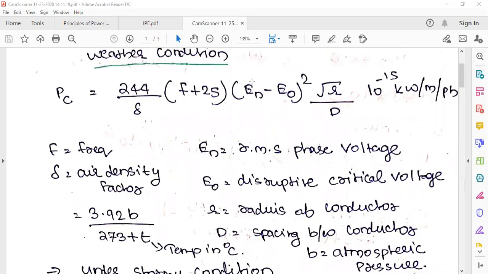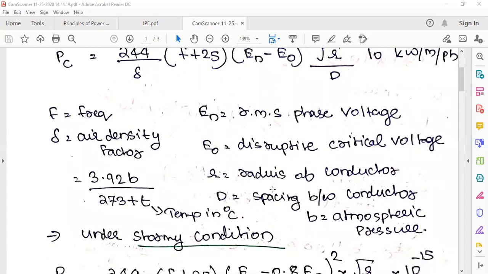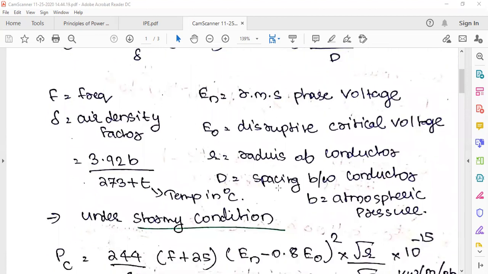Sometimes we have the equation like V minus Vc also. So V or En is the RMS phase voltage, and Vc is the critical disruptive voltage, or we call that disruptive critical voltage. Both are the same. R is the radius of the conductor, and D is the spacing between the conductors.